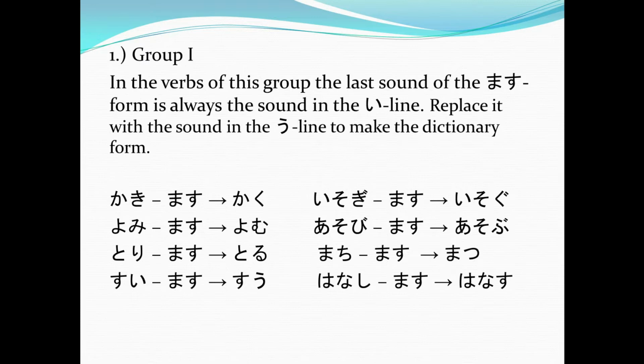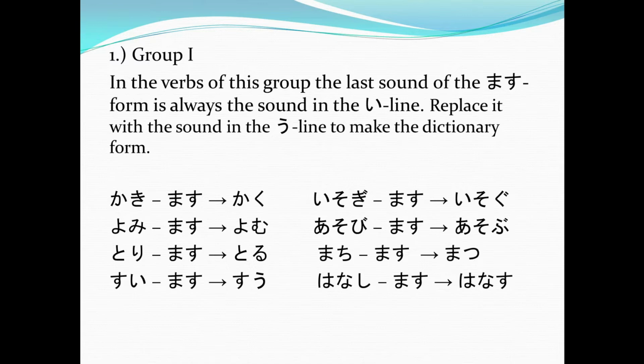Drop the masu, change ri to its U counterpart, which is ru. So torimasu will become toru. Next, suimasu, to smoke. Drop the masu, change i to u. So su, to smoke.